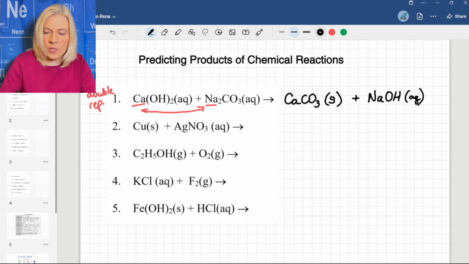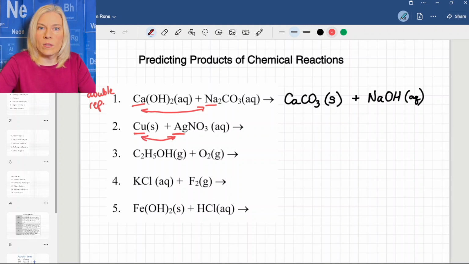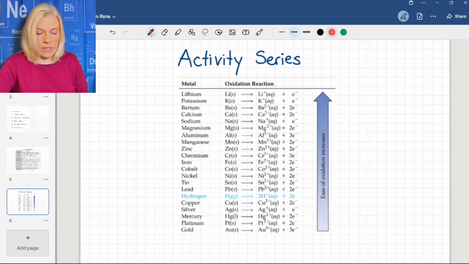Let's go forward. This type of reaction, number 2, well, what's going on? Copper is by itself. So copper might switch with another metal ion. So let's see if copper and silver, will they switch? How do we check? Do you remember what we did? We're going to look at our activity series.